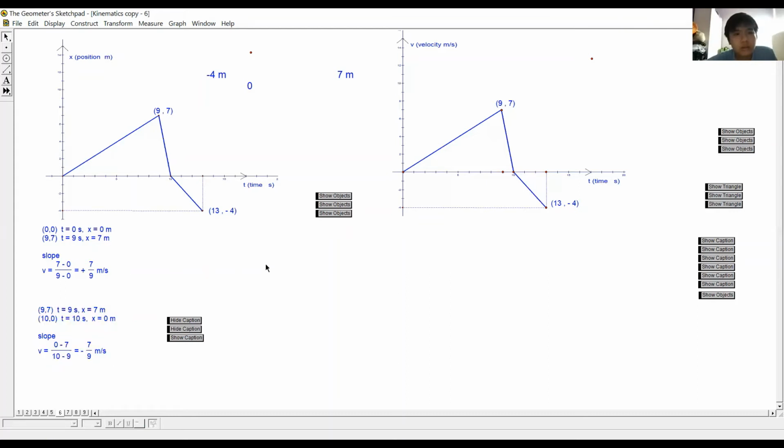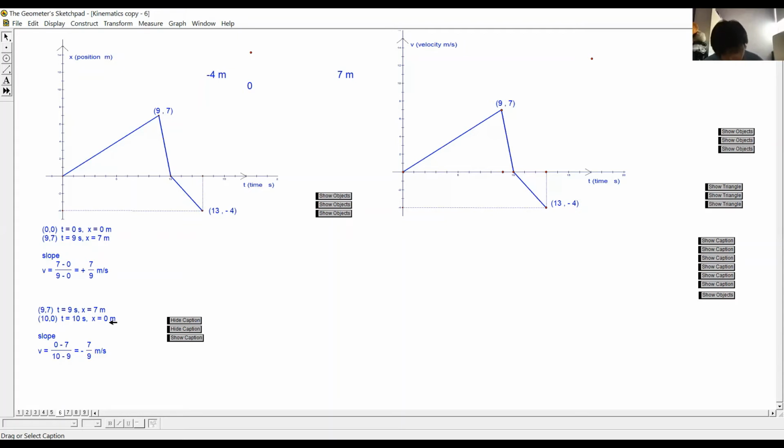Now the second part of the journey. What is shown directly are the two points 9, 7 and 10, 0. When the time is 9 seconds, the position is 7. When the time is 10, the position is 0.